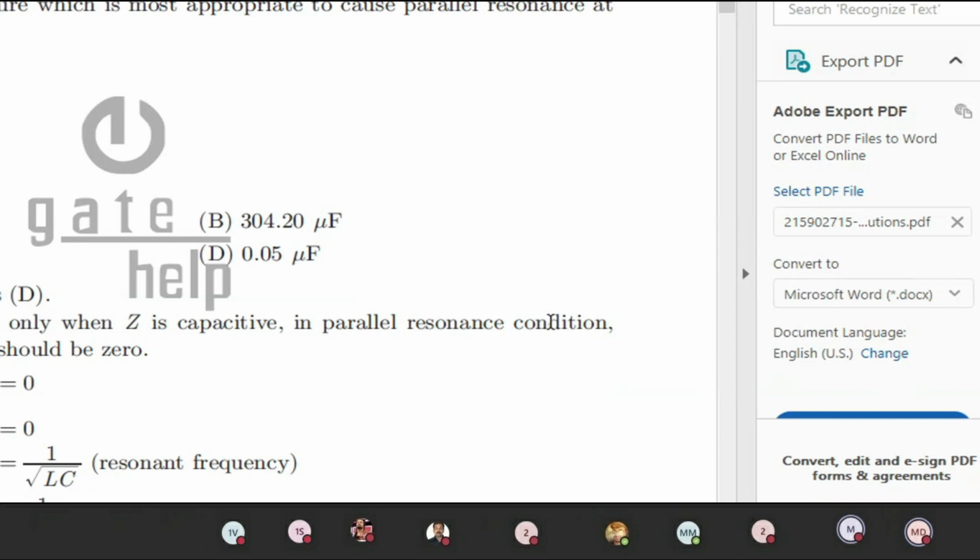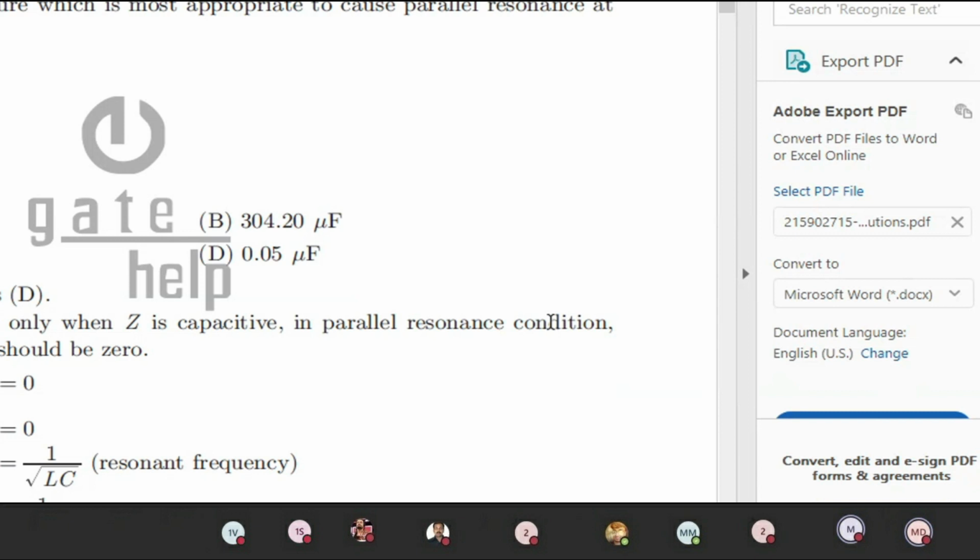Susceptance. Kindly understand one thing. The condition for series resonance is that the inductive reactance must be equal to the capacitive reactance. But for a parallel circuit, the susceptance should be 0.